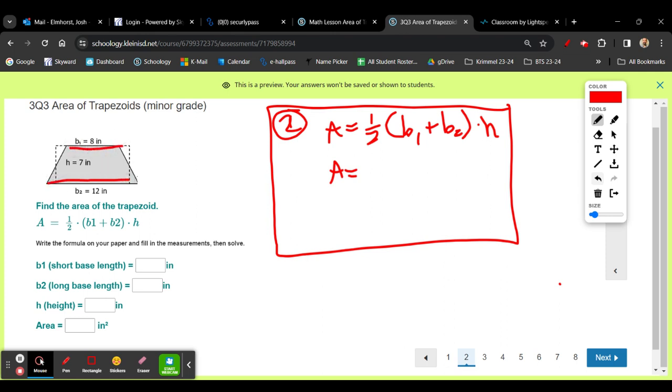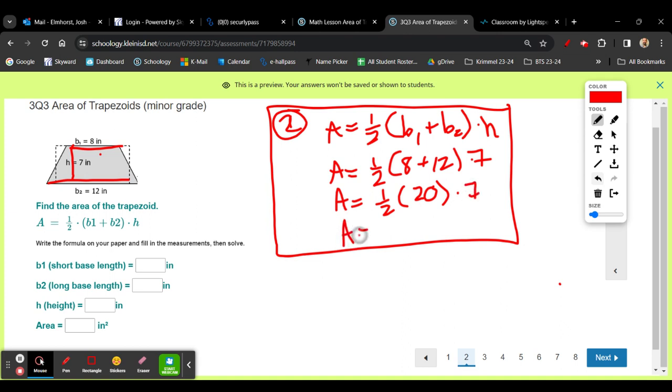Short base, long base, 8 plus 12, and then the perpendicular height between the two parallel sides. This one also happens to be 20. 8 plus 12 is going to give you 20. And you could process 20 divided by 2 to give you 10 to finish it up.